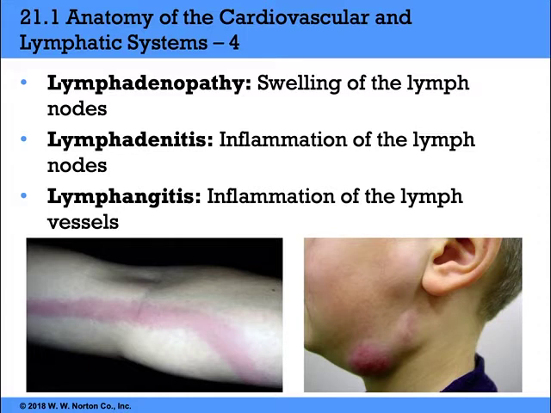The lymph nodes are made up of macrophages and lymphocytes and reticulocytes and a network of extracellular matrix which contains structures called trabeculae.